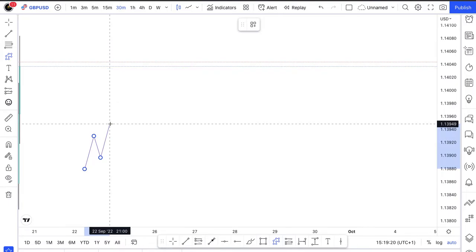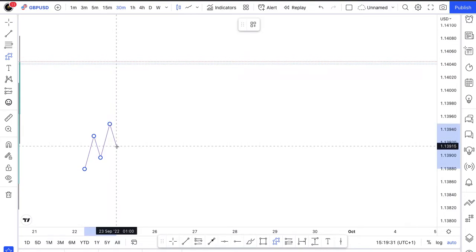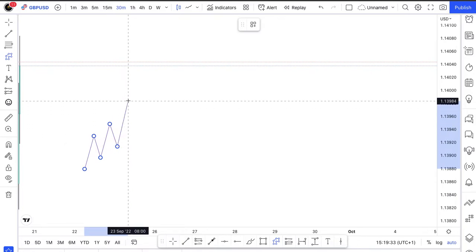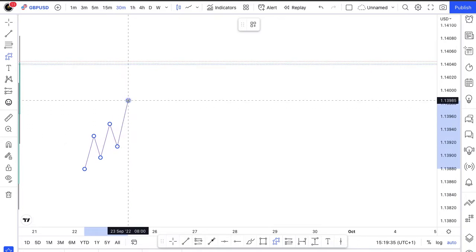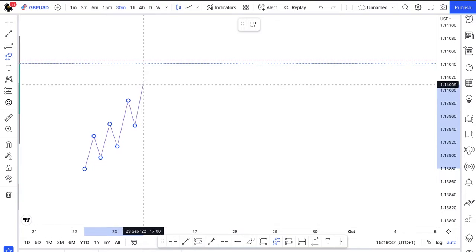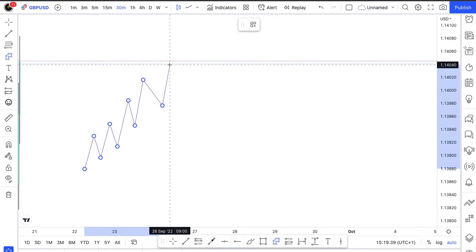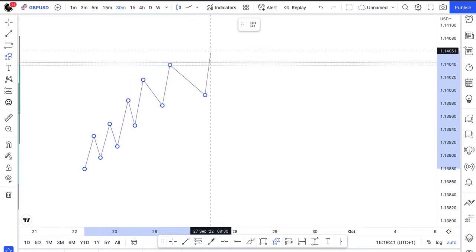That movement is called an impulsive movement, and it tells you this market is on a buy trend. Then the market comes down again without getting to that point, then goes up, breaking above the last point. It comes down, breaks above, comes down, breaks above again.